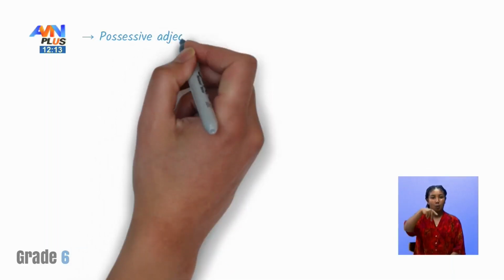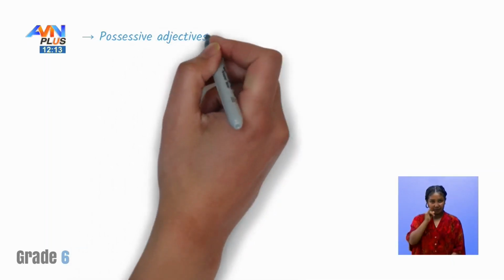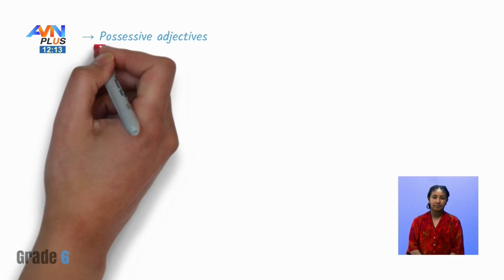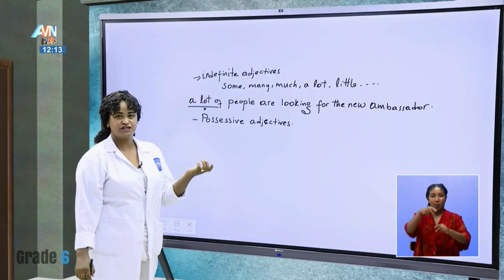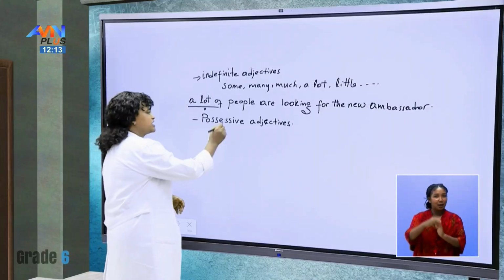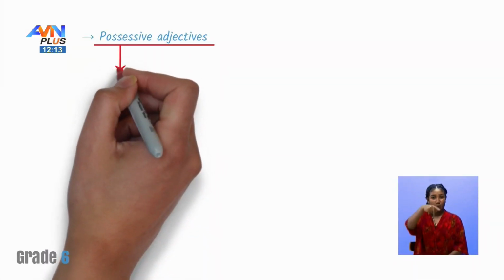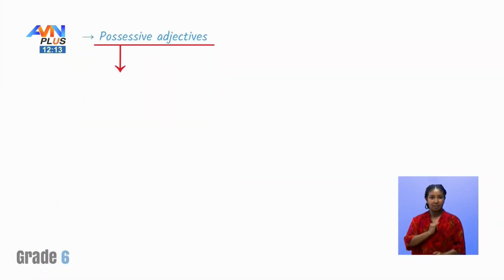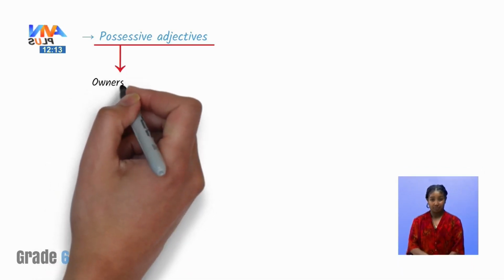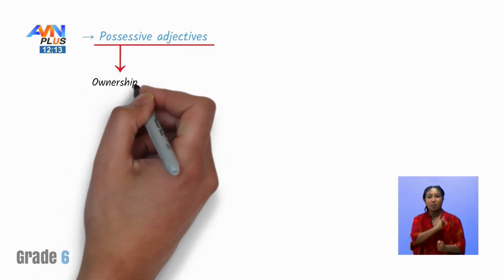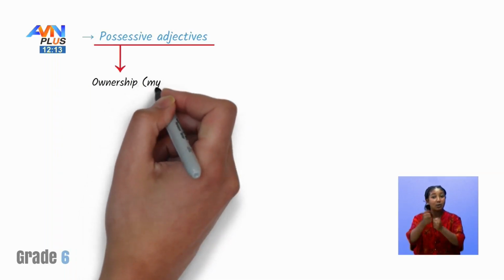Possessive adjectives. What do we mean when we say possessive? Possessive means what? Showing ownership, right? Yes? The common possessive pronouns that we know, they are also what? Possessive adjectives.